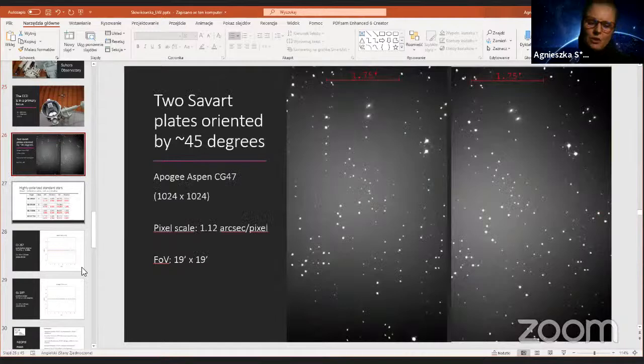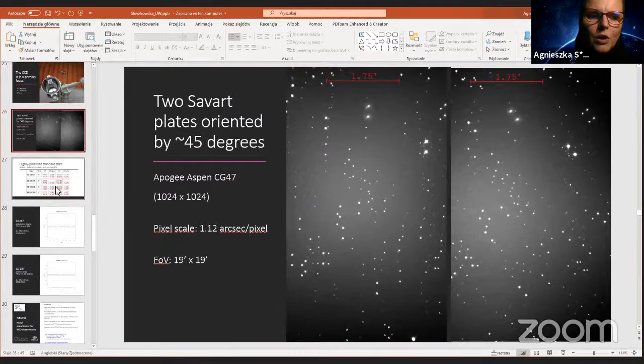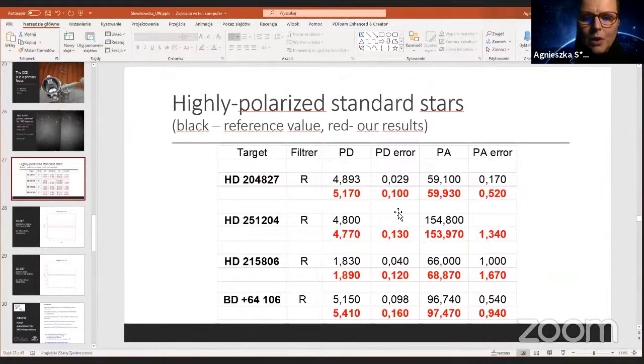So these observations, one day I hope that Staszek Zała, with whom I'm collaborating on this project, will publish this data. But we have a pretty long cadence, and these polarization standards, we have more than 1 year of observation.